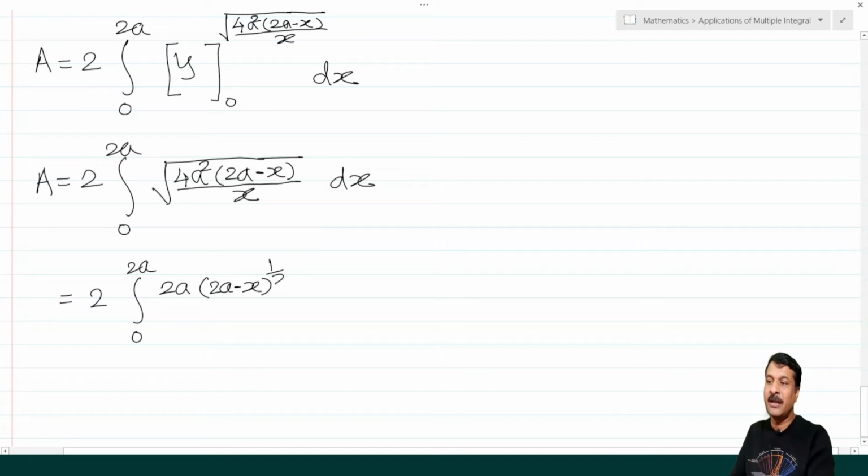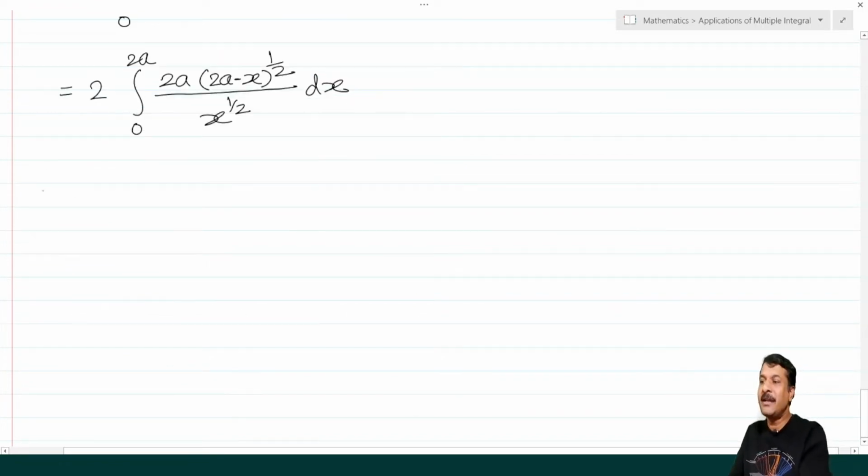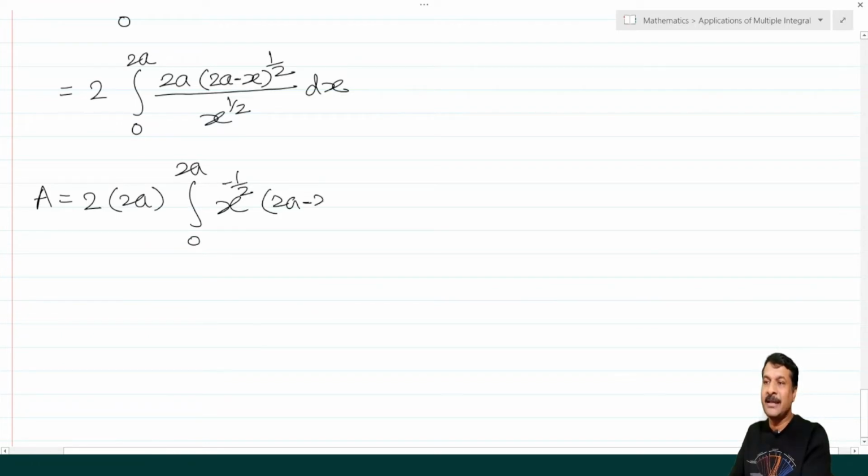So I am getting 2a minus x raised to half, and x raised to half in the denominator, dx. 2a is a constant, so take it outside. So the area equals 2 into 2a times the integration from 0 to 2a of x raised to minus half and (2a minus x) raised to half.